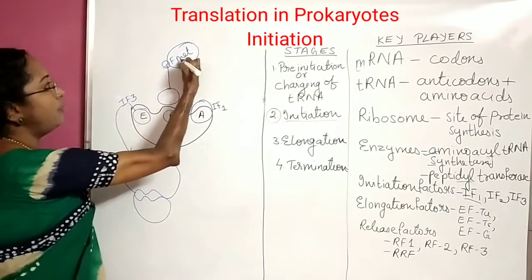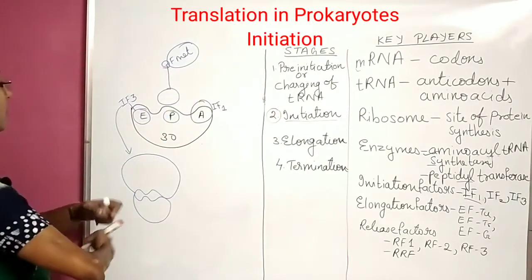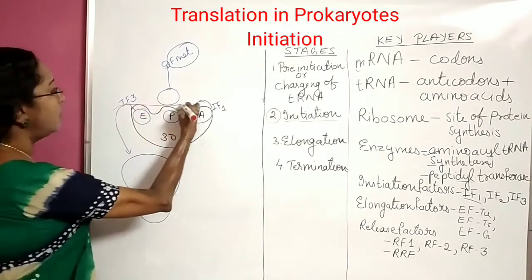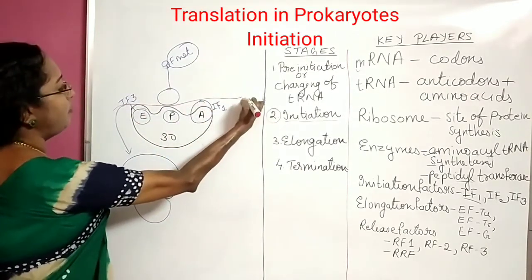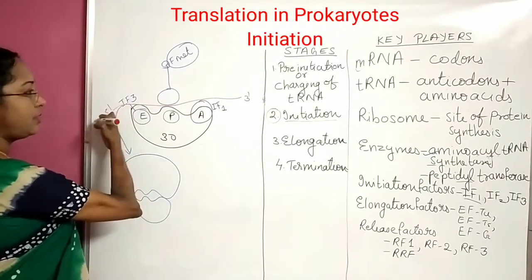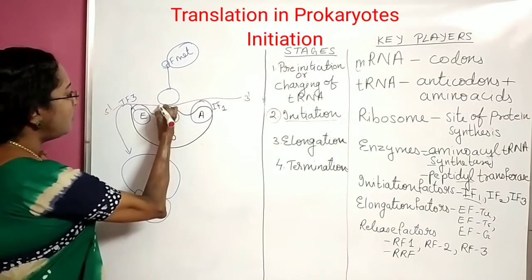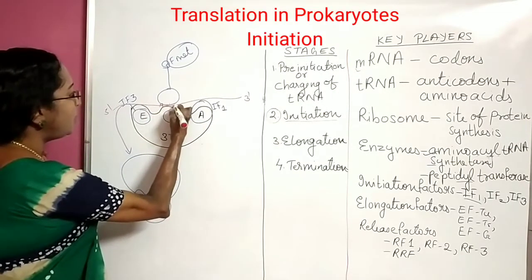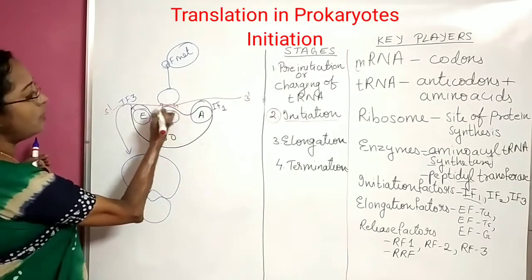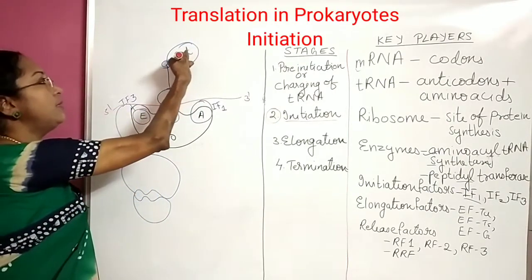So this I told you is methionine. This is the mRNA, and 5' to 3' direction is how it always happens. The codon is AUG, and this is the initiator codon. So the amino acid coming is methionine.